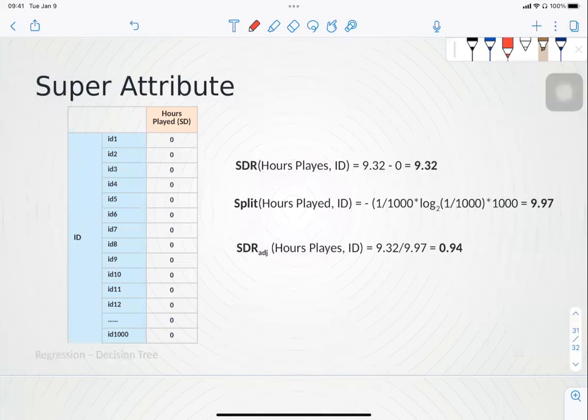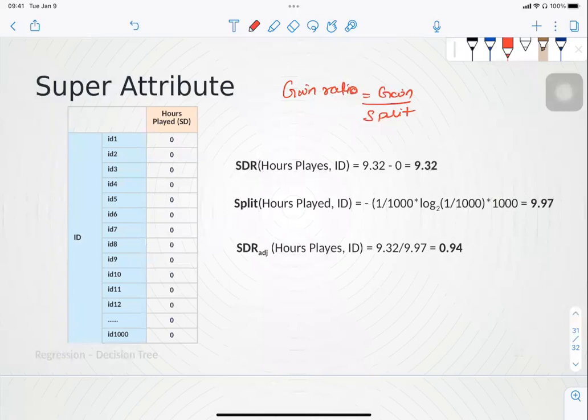We can penalize attributes with a large number of values by using an alternative method for attribute selection referred to as gain ratio, which is nothing but gain by split. There is a great reference on the professor's website for gain ratio, and I highly recommend going there to learn about it.